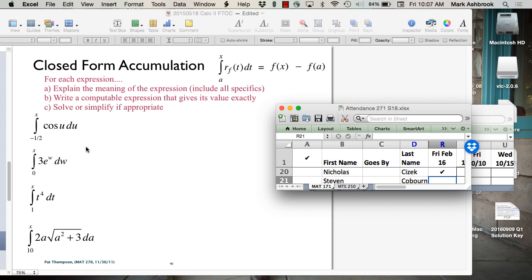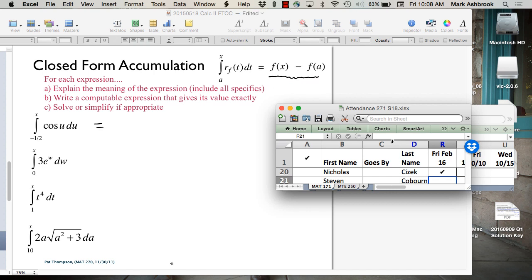Okay. So what about a closed form? How am I going to get the closed form? Edmund, what do you think? Remember what we said? The closed form is going to look like this. We just need that function f. Right, exactly. What function has the derivative cosine x?